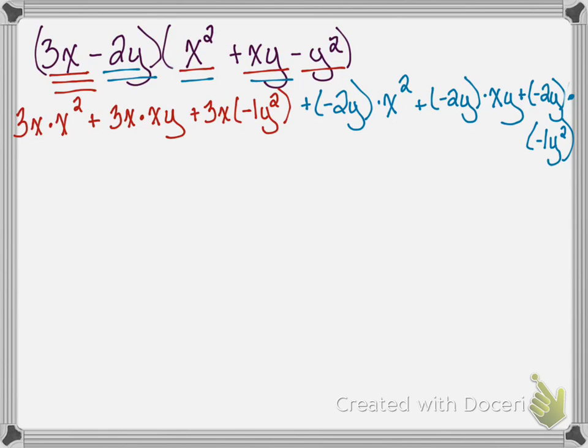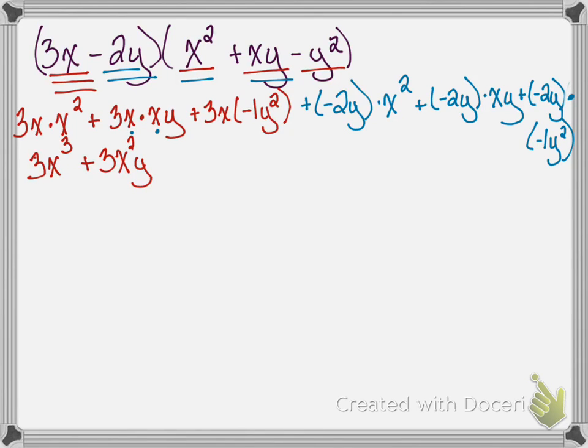Okay? 3x times x is 3x cubed. 3x times xy. Okay? I'm going to keep my 3. Then I have an x times an x. What's x times x? Good. Then I have my y. Okay?